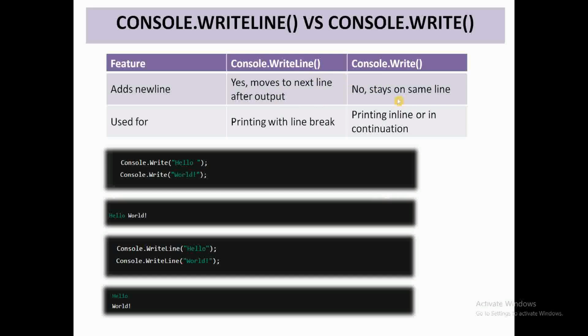It will print all data on the same line, in continuation. As we can see in the example, Console.Write prints all the values on the same line, and Console.WriteLine prints the next value on the next line.